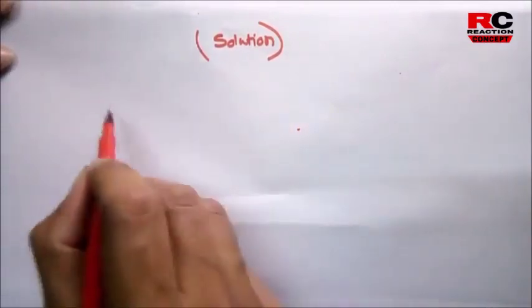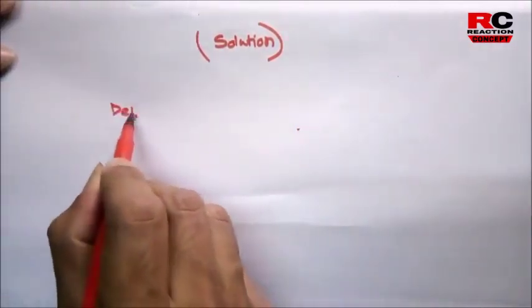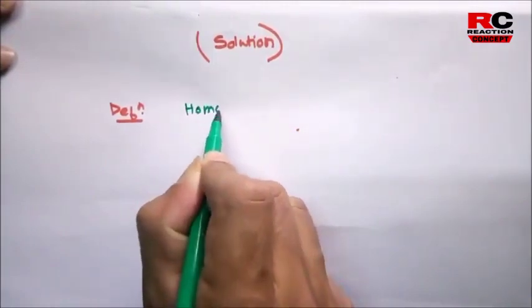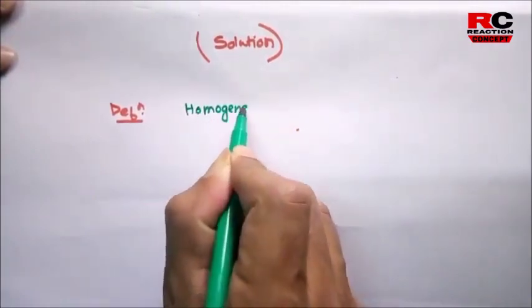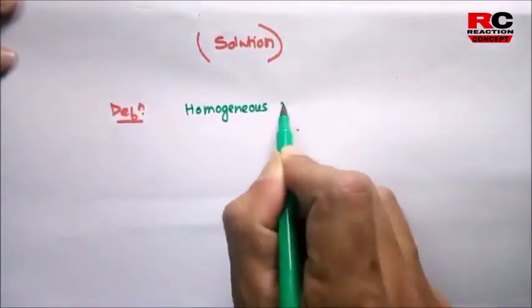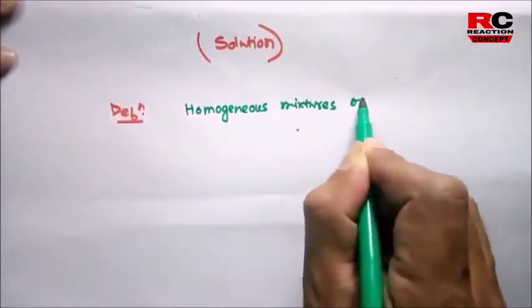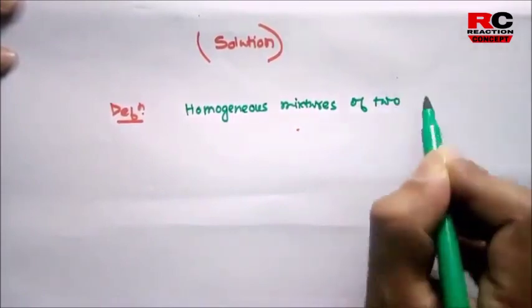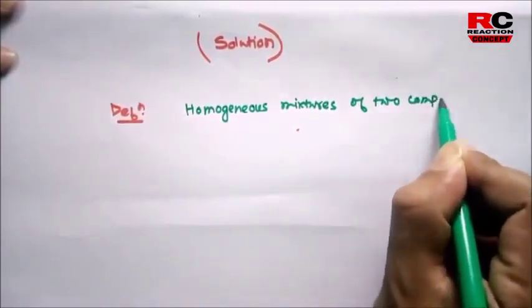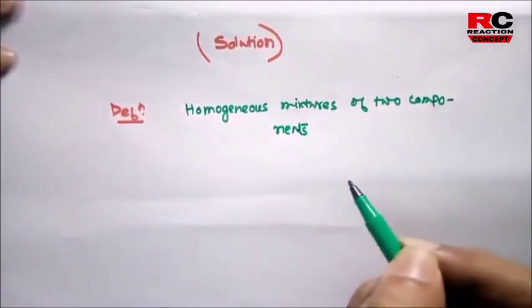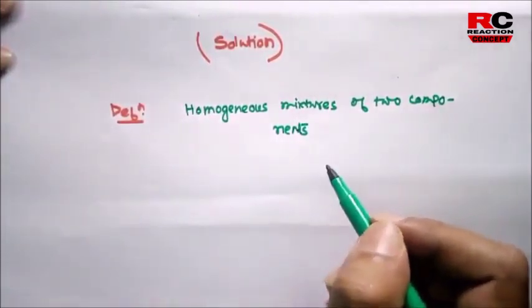If you see, a solution is a homogeneous mixture of two components.